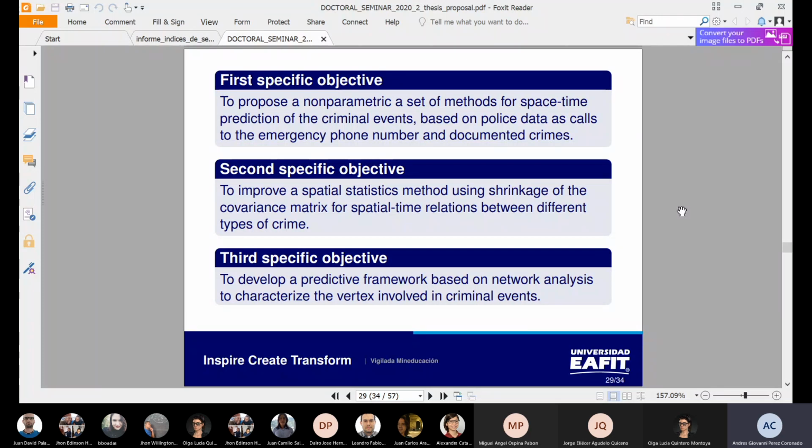We try to use socio-demographic variables like poverty, like Gini, whatever variable we find useful to the project, and try to understand how they are related in the field. And the third, how the field is affected by criminal networks.